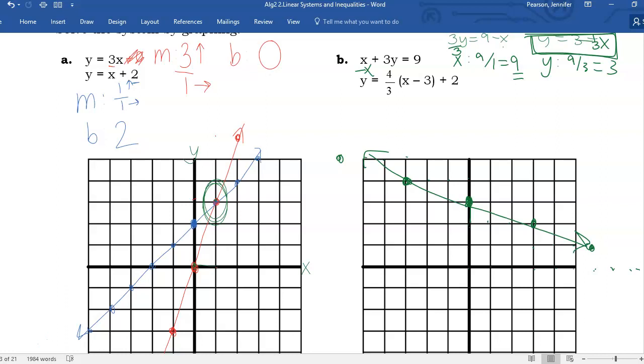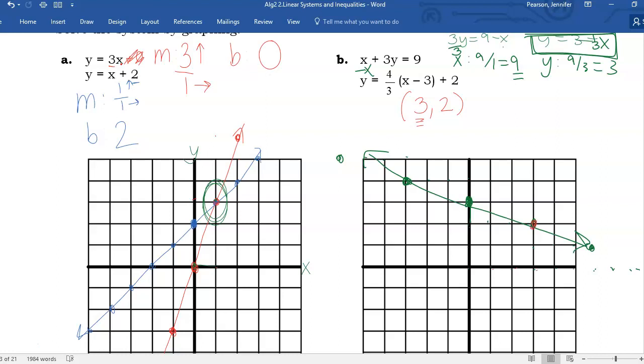Mine's a little low, but the next one is in point slope form, which means we're going to start on the point 3, 2. This is always the opposite, because it's a minus 3, we have a positive 3. And then this is normal, 2 is 2. So I'm going to start at 3, 2.